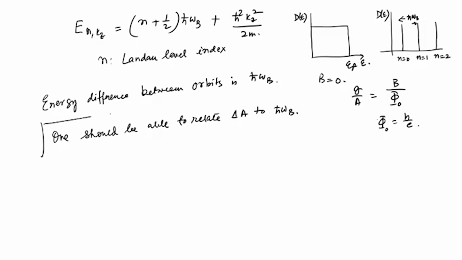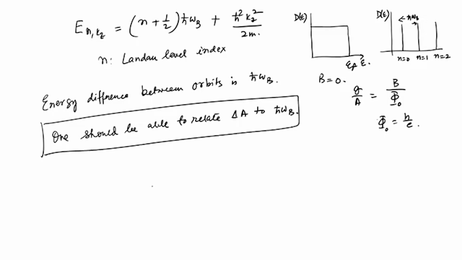Okay. And this is the task at hand, and that is not difficult, because your delta A is equal to (e b by h cross square) times (2 pi over omega b) times h cross omega b, and this becomes equal to 2 pi e b by h cross.